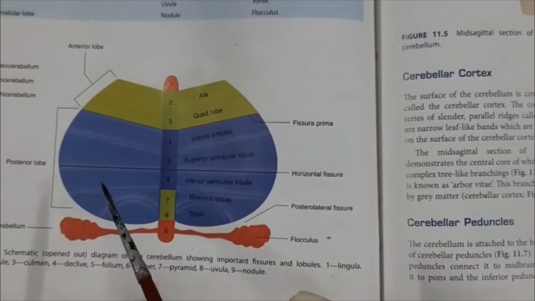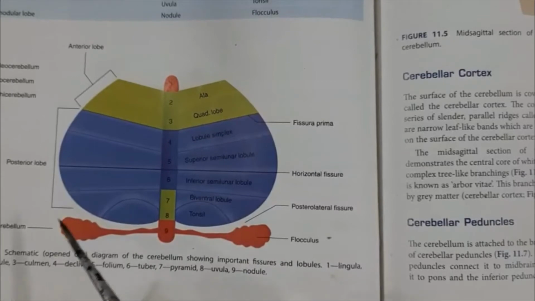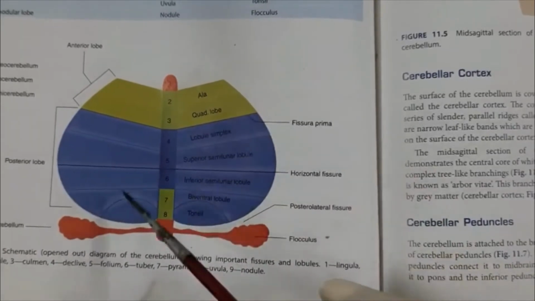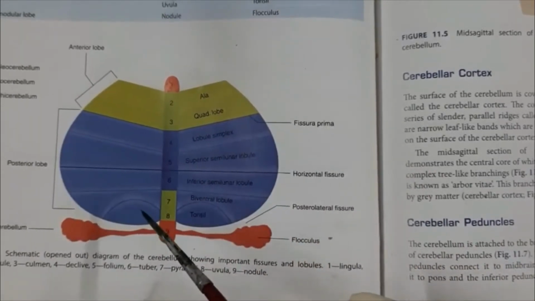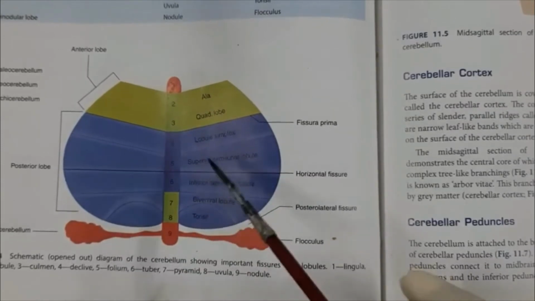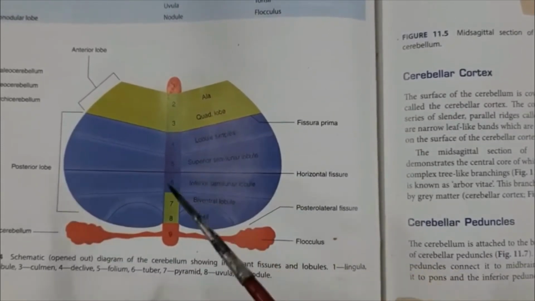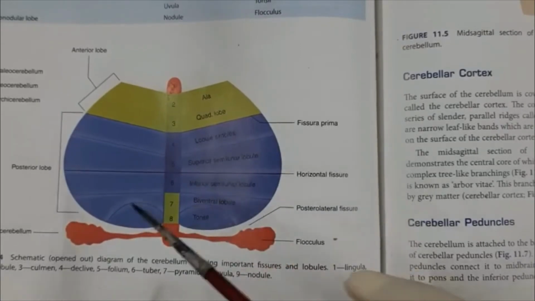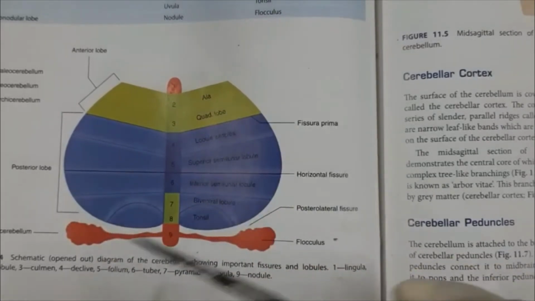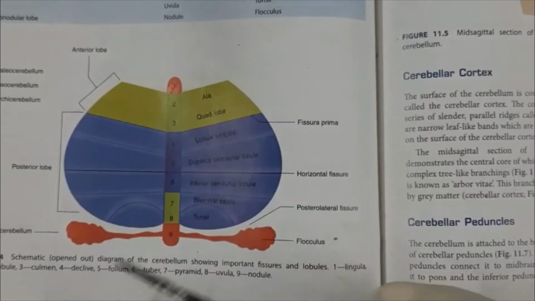Neo means it is the latest to develop, and this is also functionally called the pontocerebellum. Pontocerebellum means this is connected with the pons, mostly with the middle cerebellar peduncle.